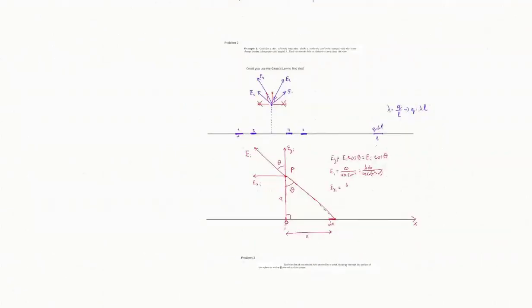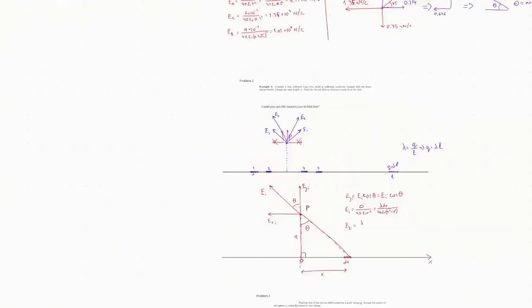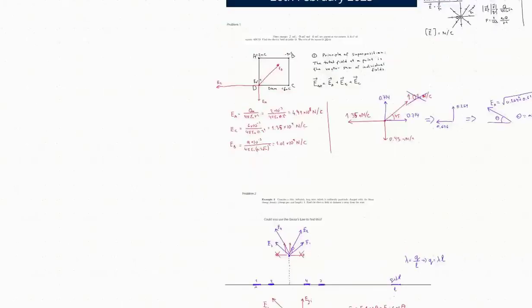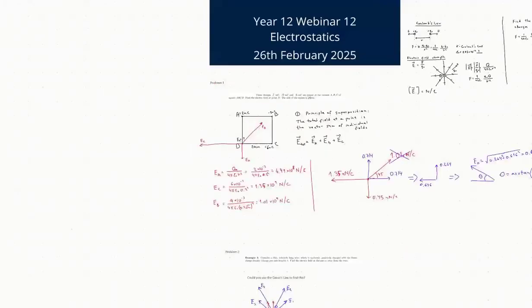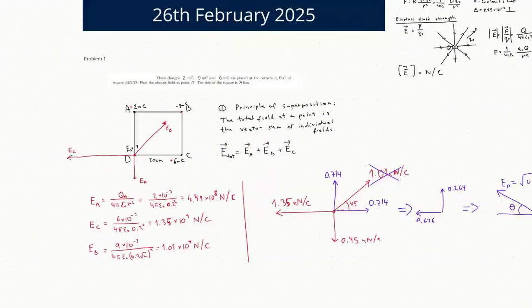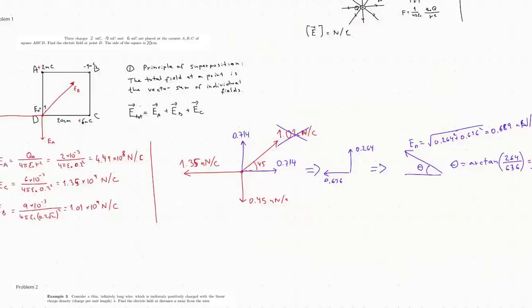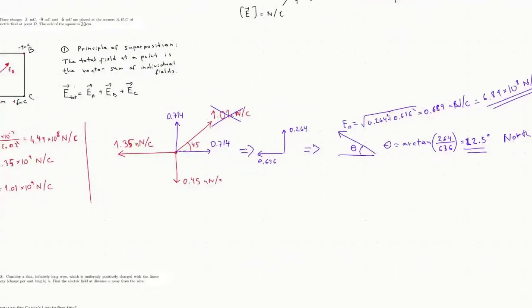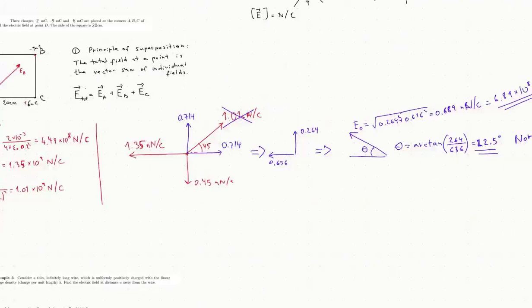For question 1, why does EB cancel out? No, EB does not cancel out. Why? I've split EB into two components, and then I found the total vertical and total horizontal component.